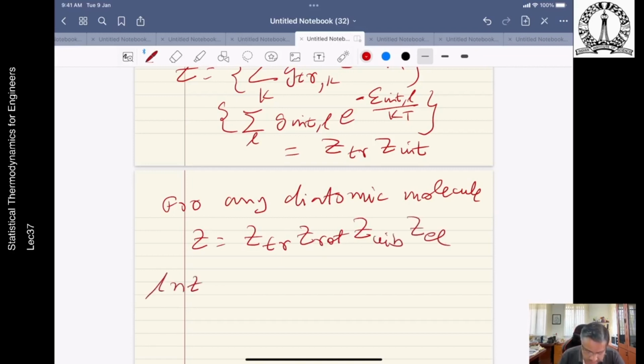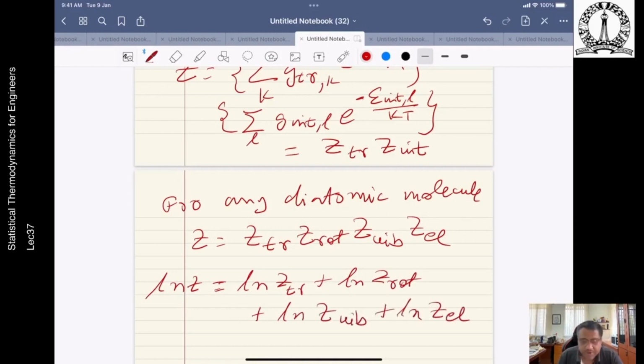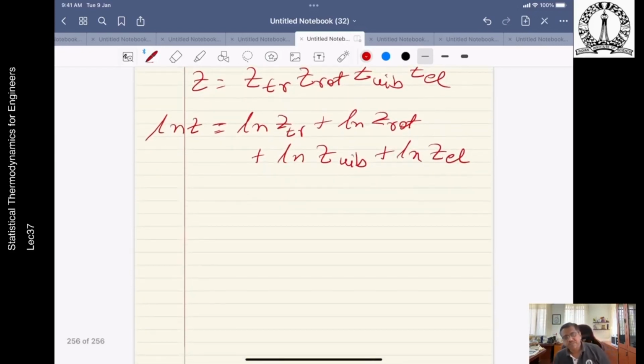The logarithm of Z converts all these into a summation: ln Z translation plus ln Z rotation plus ln Z vibration plus ln Z electronic. So the partition function is multiplicative, whereas the logarithm is additive. All thermodynamic properties in the dilute limit can be expressed in terms of ln Z, so such properties are also additive for the available energy modes.